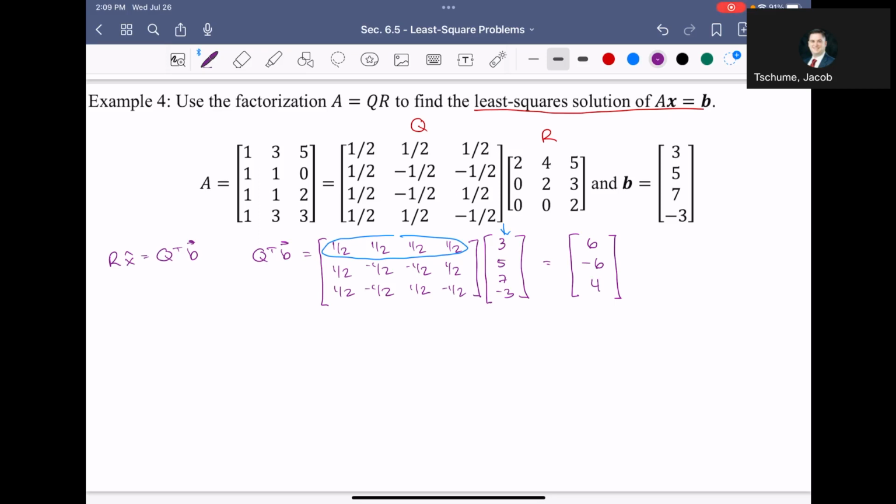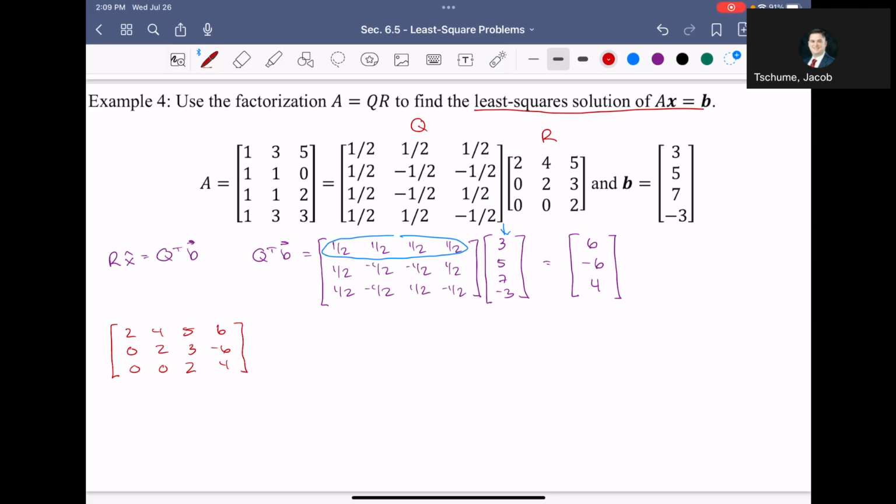Now that I have Q transpose B, I can set up my row reduction. I'm going to take my R matrix, which I've already given you, 2, 4, 5, 0, 2, 3, 0, 0, 2, and I'm going to throw in my Q transpose B to make it augmented.